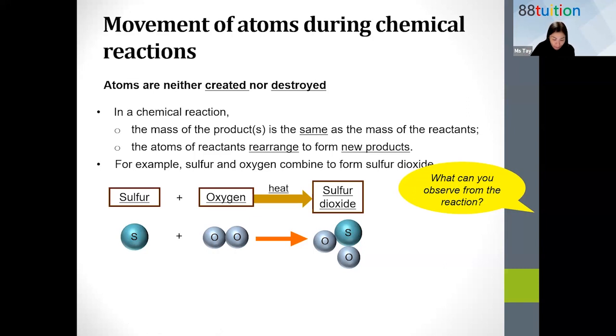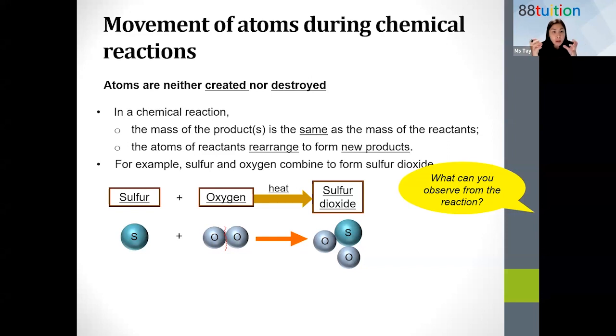Then, upon heating, the rearrangement goes like this. Let me explain a little bit more. Energy is put into the molecule to separate the atoms.